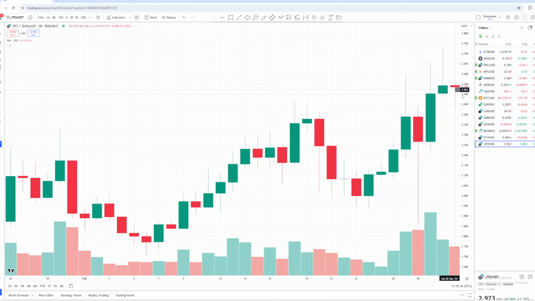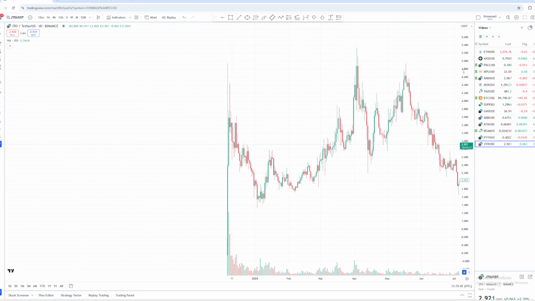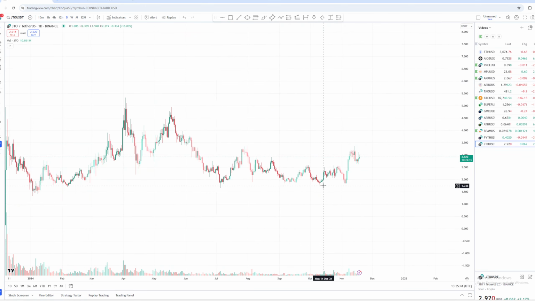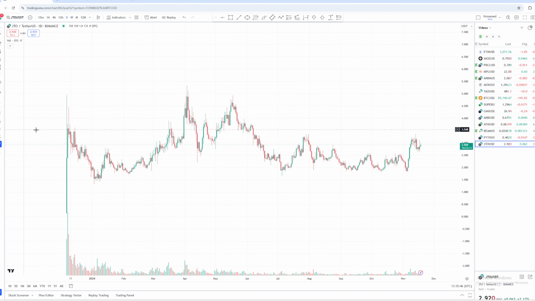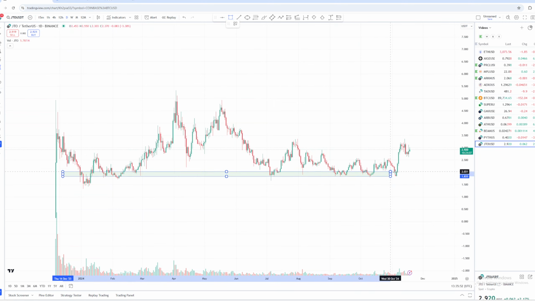Let me show you a more recent example of Giro, which I believe is still in accumulation, by the way, but it looks very different. You could see here that this is the entire chart history, so it's about 1 year of price history. And I would argue that this entire area is an accumulation range for Giro.